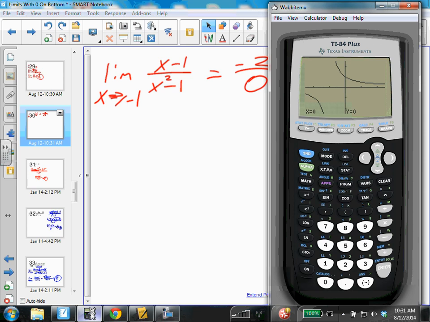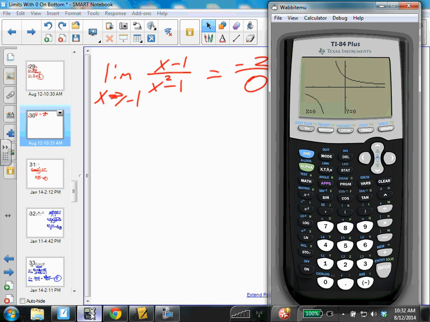But on the other hand, whenever we took the limit at 1, 0 over 0 is your clue that you can simplify and get a limit.